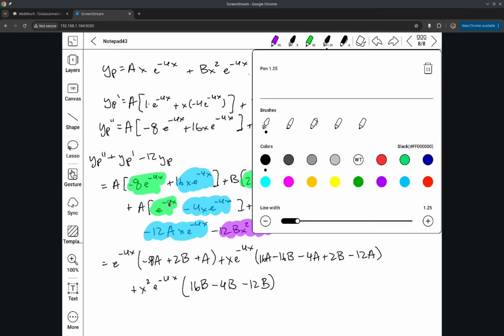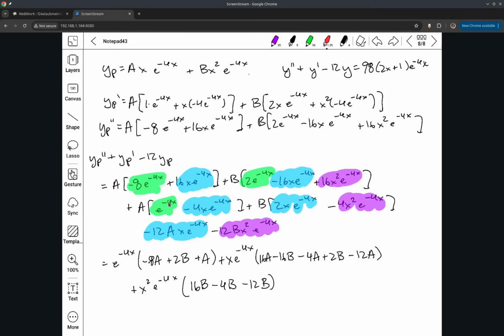Okay, and now I want to point out real quick that when I do 16 minus 4 minus 12, that's 0. Same thing here, 16a minus 4a minus 12a, that's also 0.